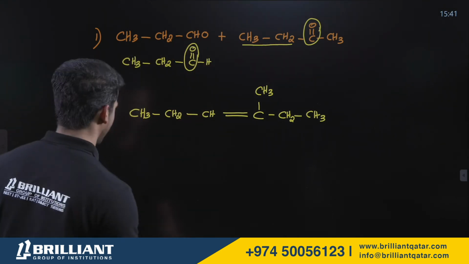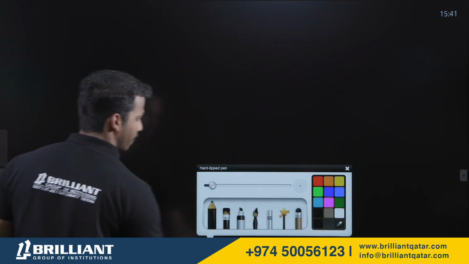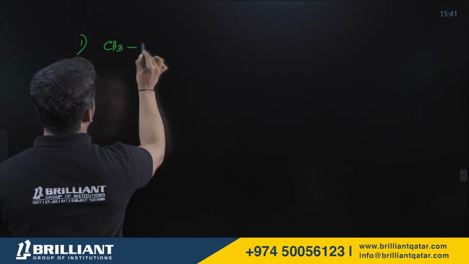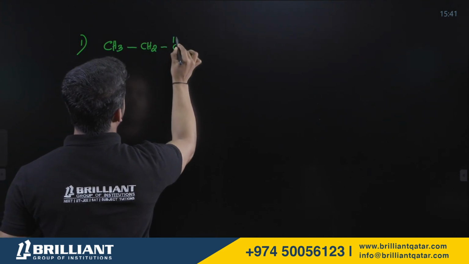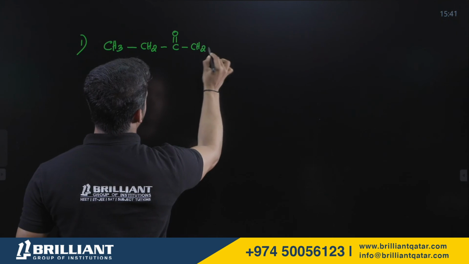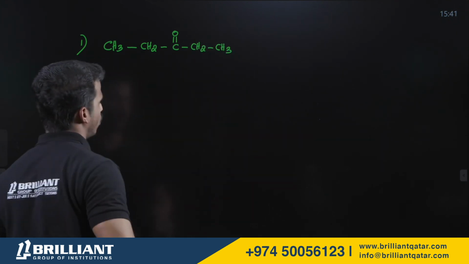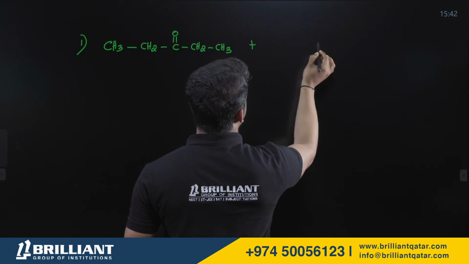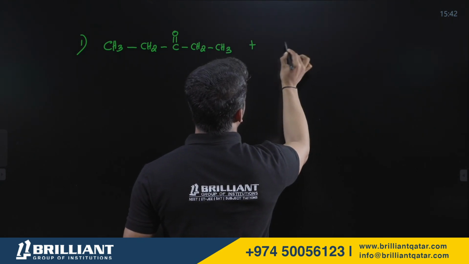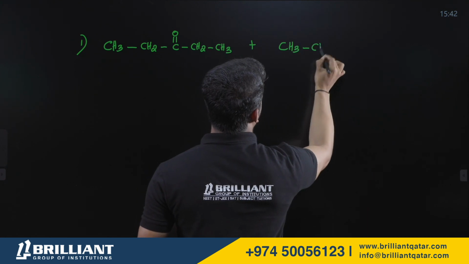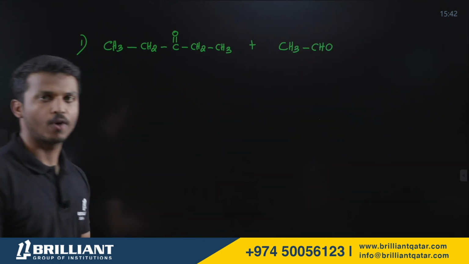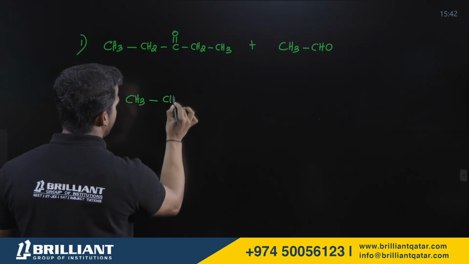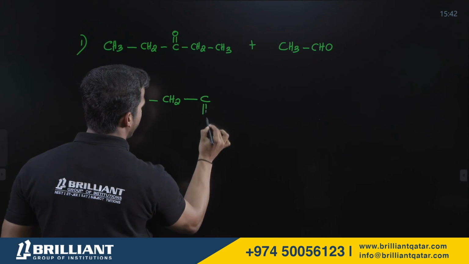One last question, for your reference. This is the ketone, plus this is the aldehyde. How can we write? In this compound, we can write CH3, CH2, C, double bond O, right?